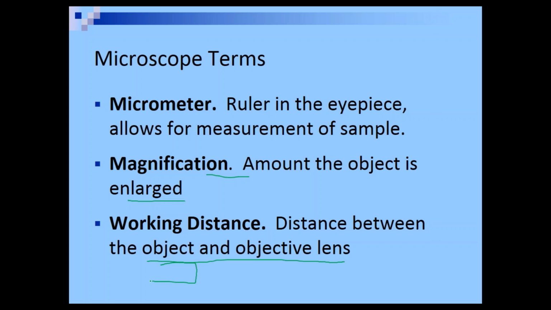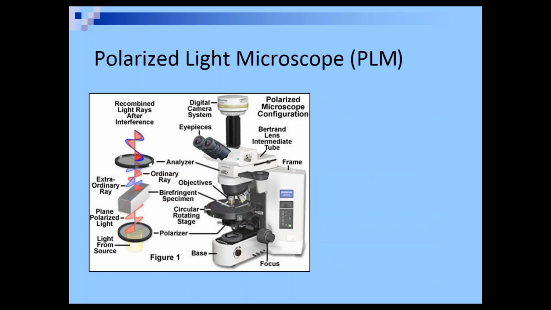With a microscope slide, you can get the objective lens very close to it, meaning a small working distance but a high magnification. The stereobinocular microscope is different. Since you have a 3D object and you need to get that reflected light in there, the working distance tends to be larger and the magnification tends to be smaller. So in general, the smaller the working distance, the higher magnification you can go.